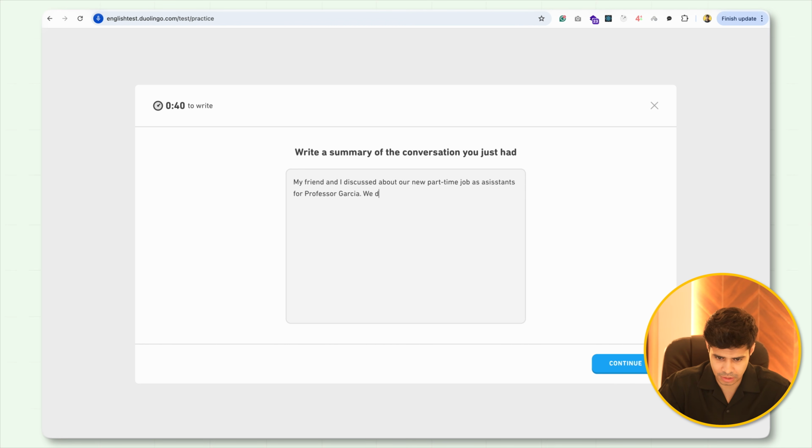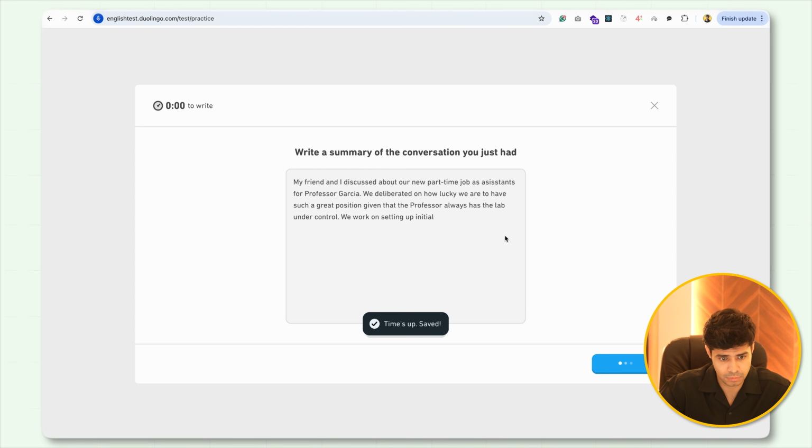We deliberated on how lucky we are to have such a great position, given that the professor always has the lab under control. We work on setting up initial... oh, time's up.